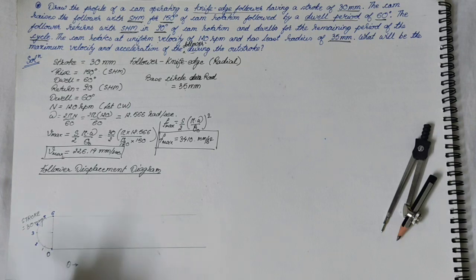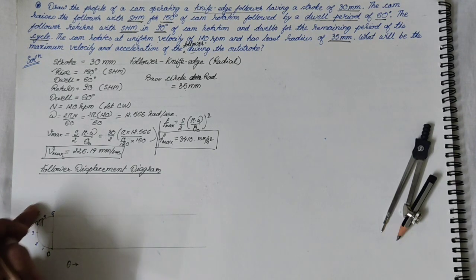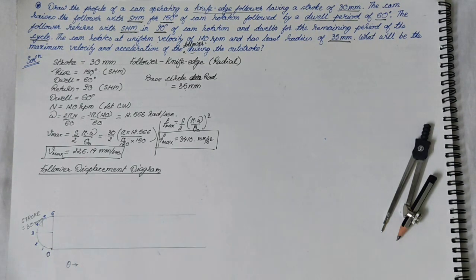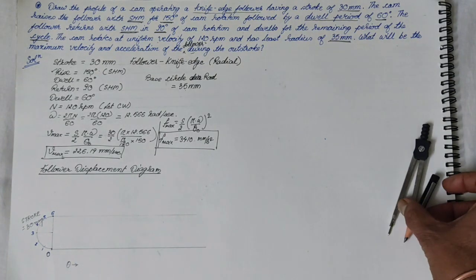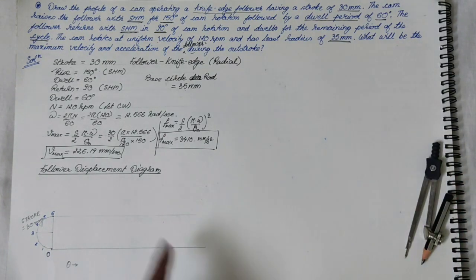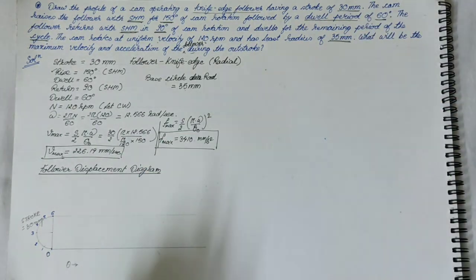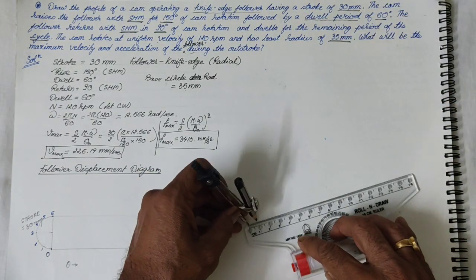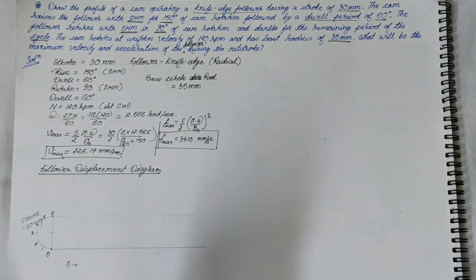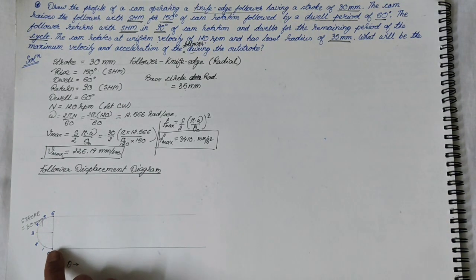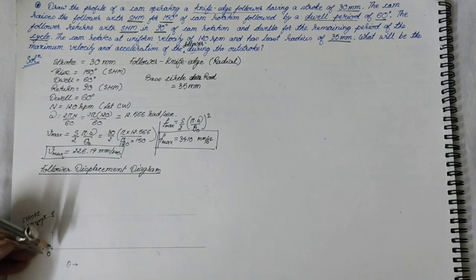Now similarly, as we are lifting the follower in 6 steps, we'll take 6 equal steps for the cam rotation. This distance we can decide, so I can take any length in my compass, maybe around 10 millimeters, but whatever distance we take should be the same.